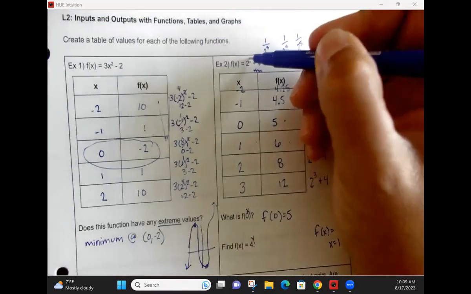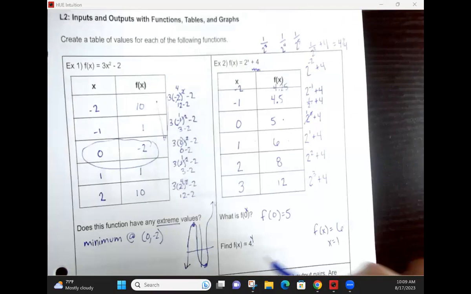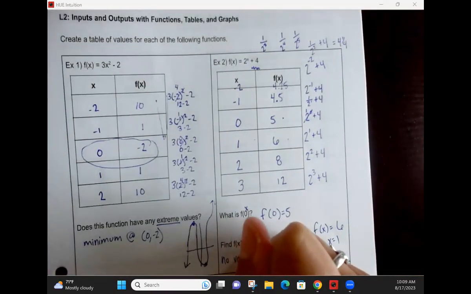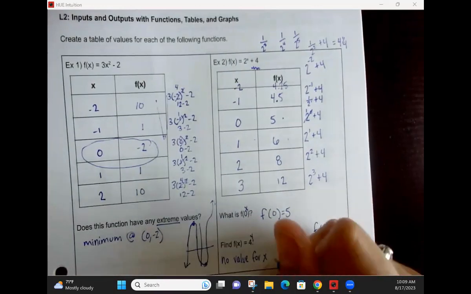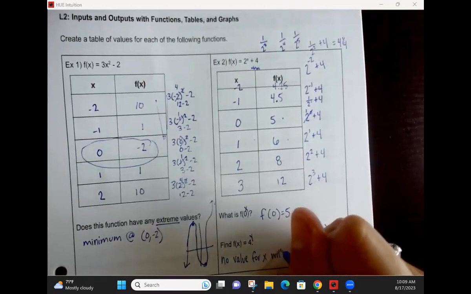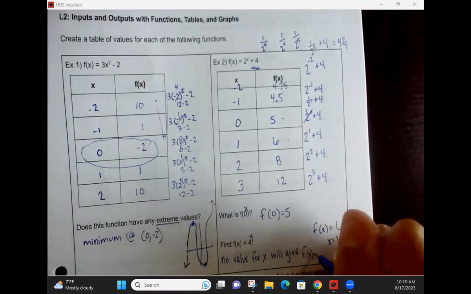No, there's nothing that I can plug in here that's going to make this be 0. So this is not possible. No value for x will give f of x equals 4.